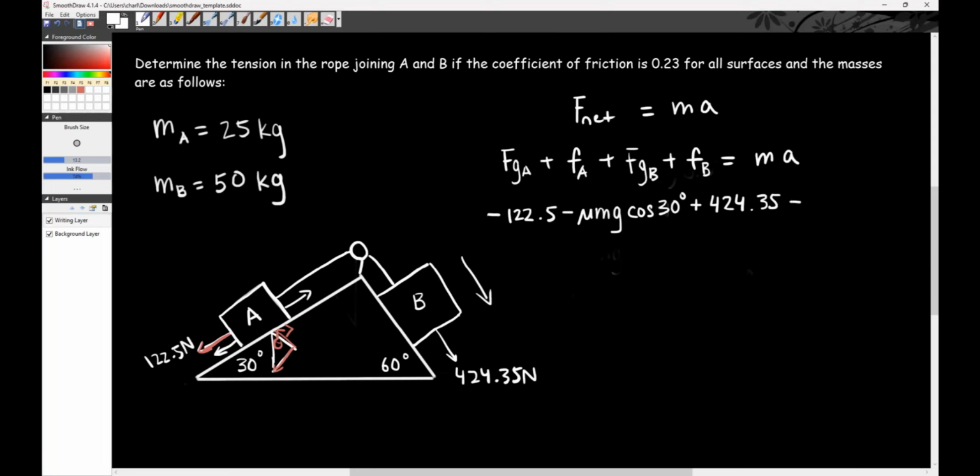Again, we can use the exact same formula, mu times the normal force, which in this case is mg cos 60. And this is all equal to ma. And m is going to be the total mass of both objects, which is 50 plus 25, which is 75.